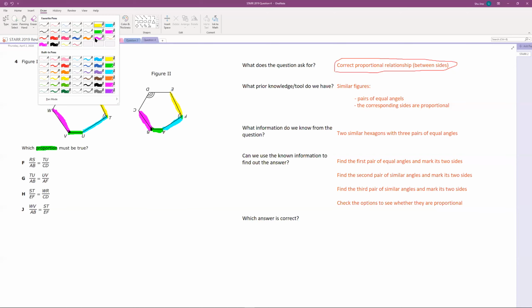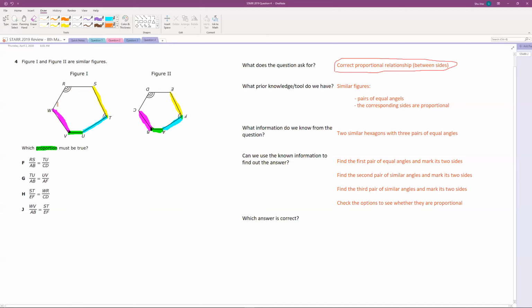And next, for the third angle, this side RS corresponds to this side of DE, while for the side of RW I will use a different color.